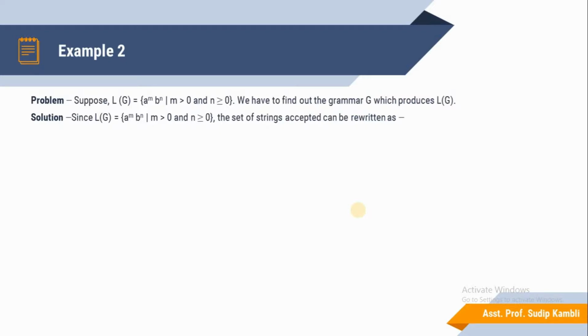In the solution part we write the language as declared in the problem. So the language of G is a set of strings that can be produced with production rules. What does a raised to m mean, with the condition m greater than 0?